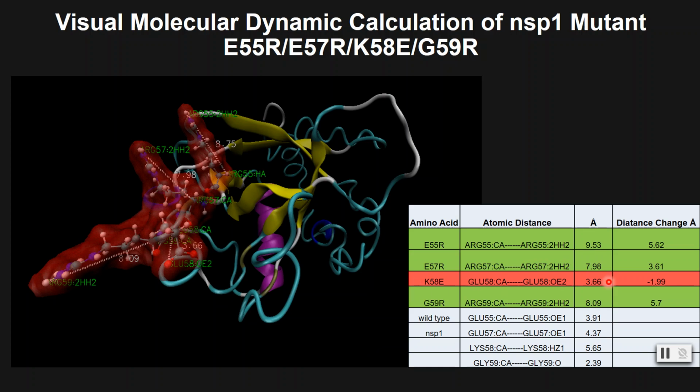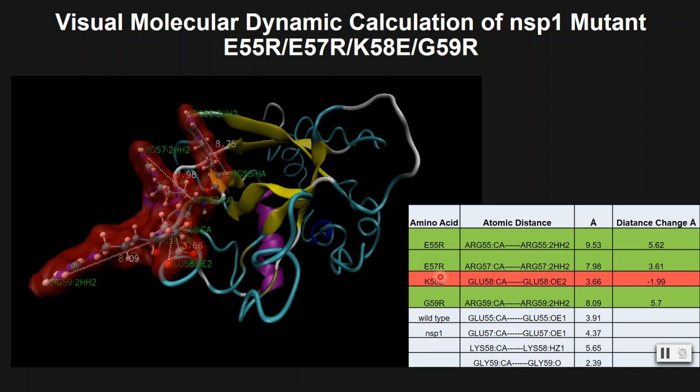This mutation by itself actually decreases how far the amino acid side chain protrudes from the backbone. So this is the protein backbone, and she calculated the length of the amino acid, the most extended part of the side chain, and calculated this distance, and she found that with the K58 to E mutation, it decreases the side chain length by almost 2 angstrom.